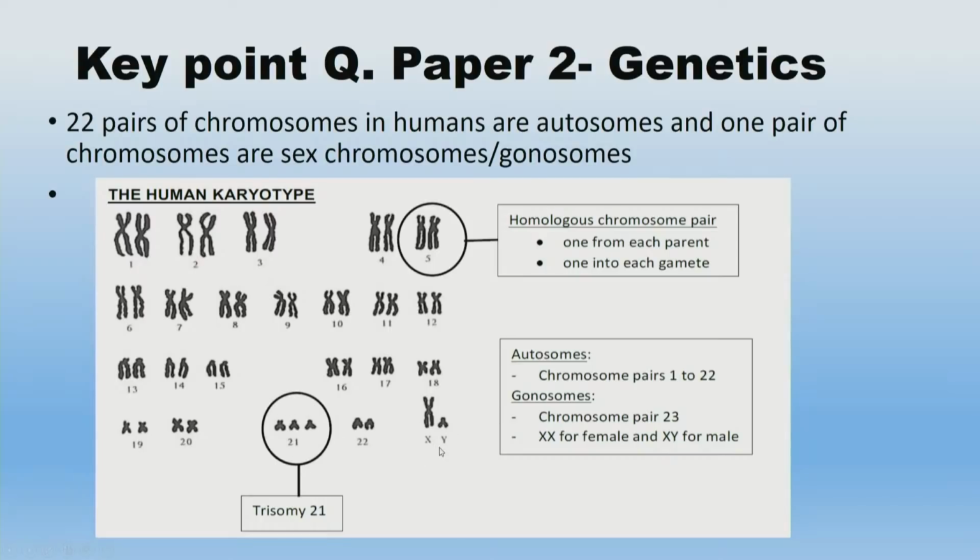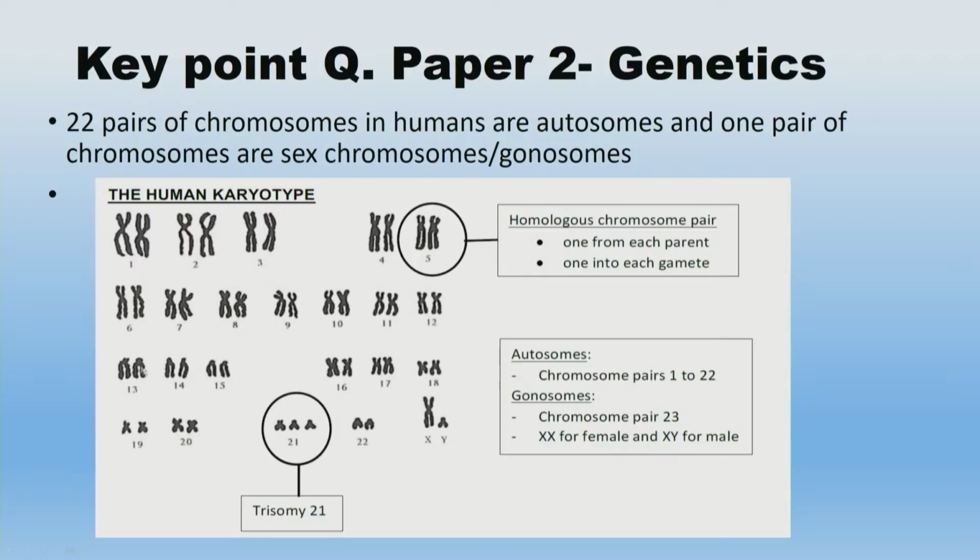I'm going to say that again. What is the genetic makeup of this person? The genetic makeup will be 45 chromosomes up till 22, it's 45 because there's an extra one, plus XY. So that is also a question.